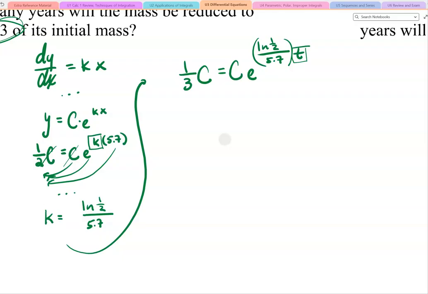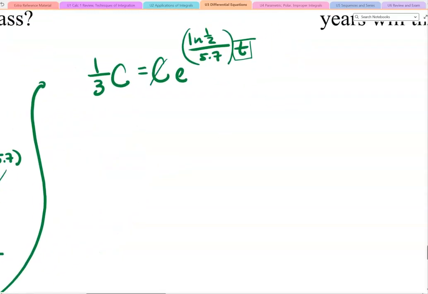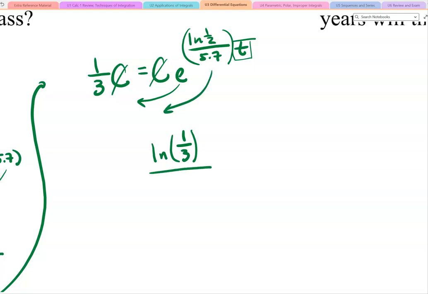And in much the same way, we could isolate it. So we'll divide both sides by c. That's a good starting point. Then we'll apply a natural logarithm to isolate e. So now if you're keeping track, we have the 1/3 that's isolated. We'll apply a natural log to both sides to get rid of the e. Then we'll divide all of that by this number. Now this number, even though it looks a little bit complicated, is just a number multiplying by t.